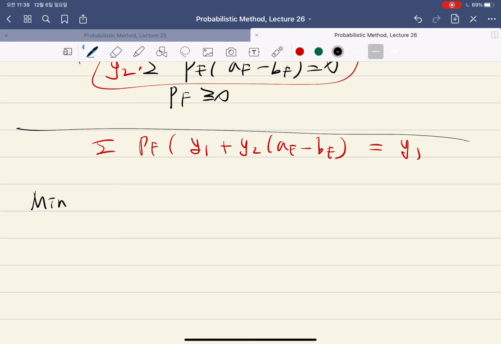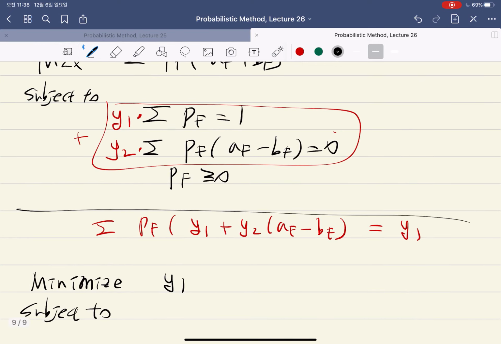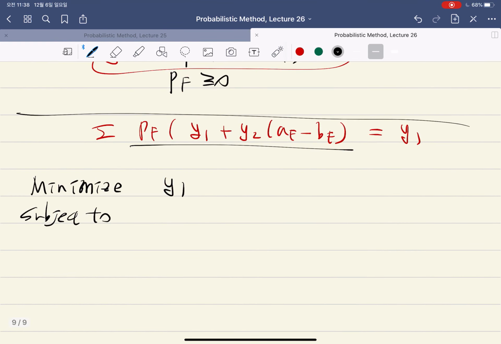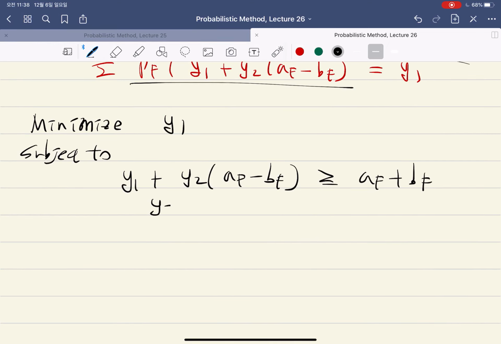So minimize y1 subject to what? If you compare the coefficients here, we want y1 plus y2 times AF minus BF to be bigger than AF plus BF for all F, and we want y2 to be at least 0.